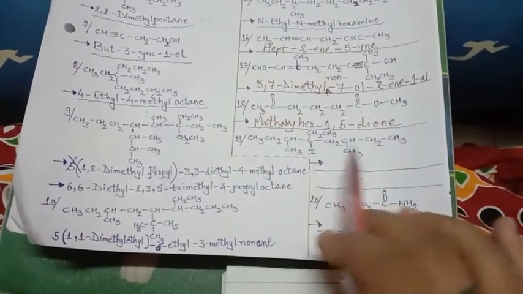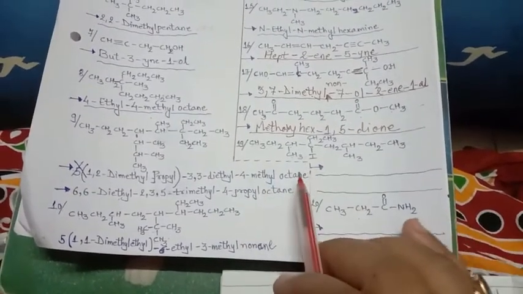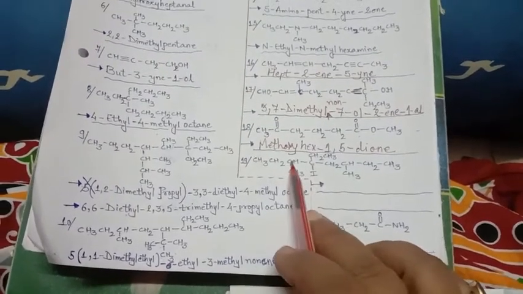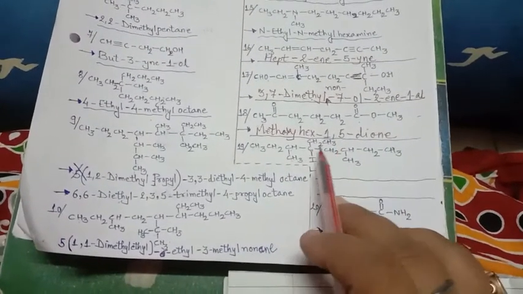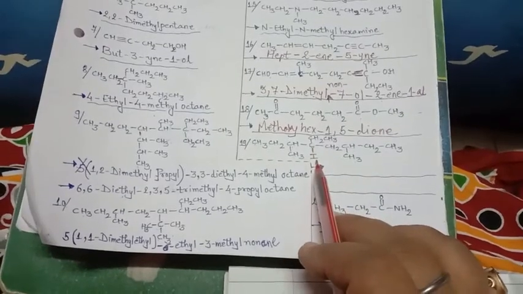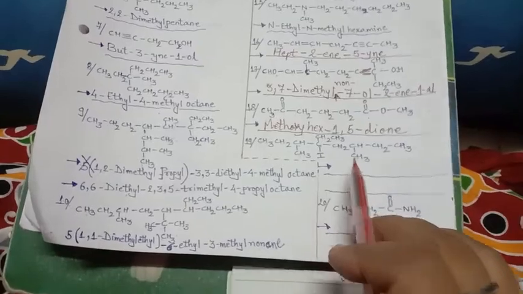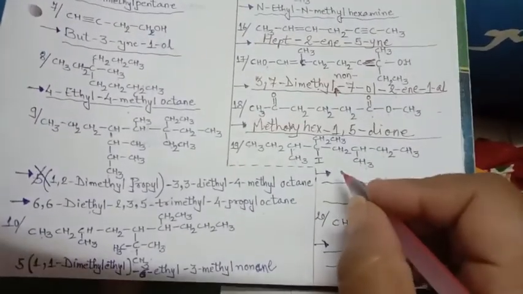But what is the main chain? The main chain is again octane. Clear? So what will we write here? 4-ethyl, 4-iodo, 3,6-dimethyl octane. Clear?